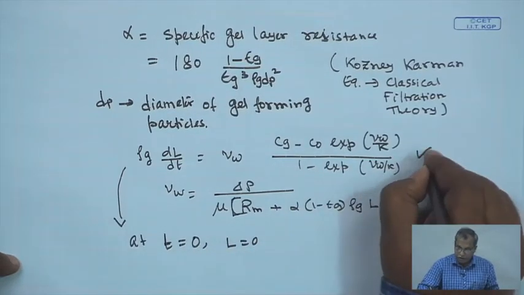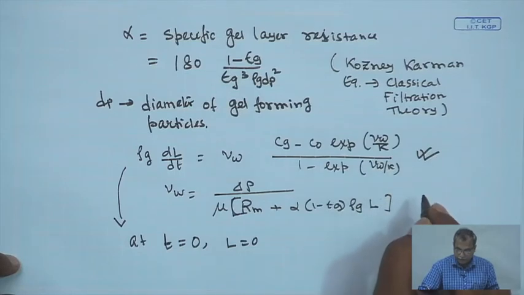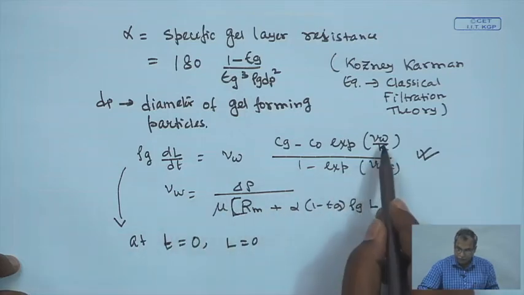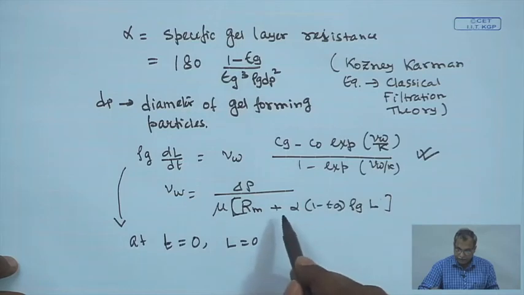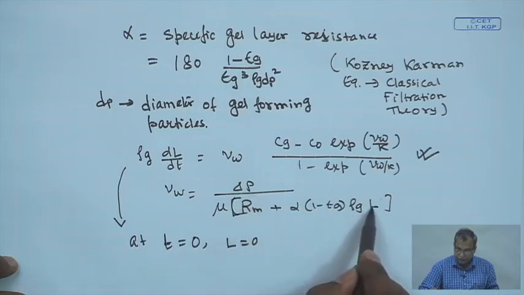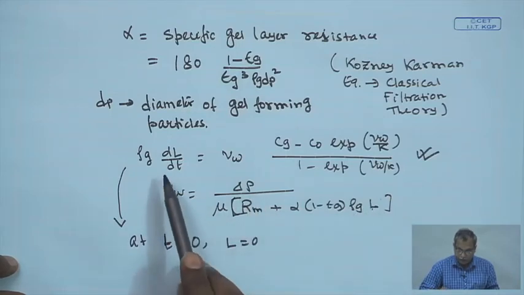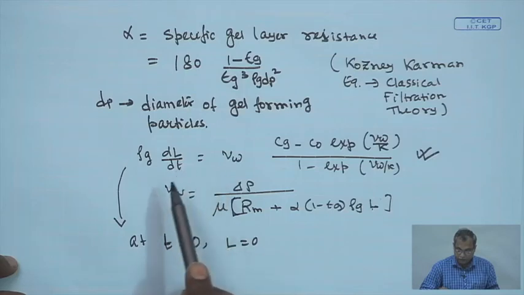So, this is an ordinary differential equation, but it is not linear and cannot be solved analytically, because V w appears in 3 places on the right hand side, and V w is essentially a function of L. So, you get an ordinary differential equation dL/dt with an initial condition t equal to 0, L equal to 0.